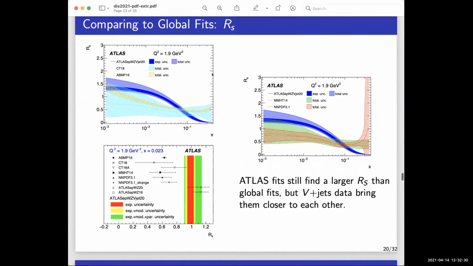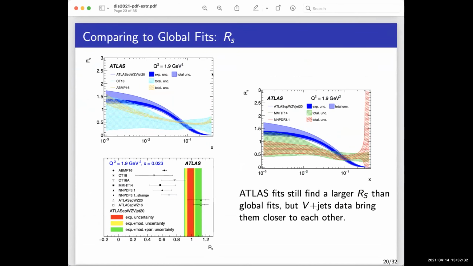Okay, and then just commenting a bit more on comparisons to some global fits, which I mentioned. So here, if we look at some different global fit distributions, you have on the left versus CT18 and ABMP, and then on the right versus MSHT and NNPDF. You can see that the central value of the ATLAS fit has still got a more unsuppressed, or a less suppressed, strange distribution at the low X, but then it falls down, whereas previously it would be staying higher across X. So it's more compatible.